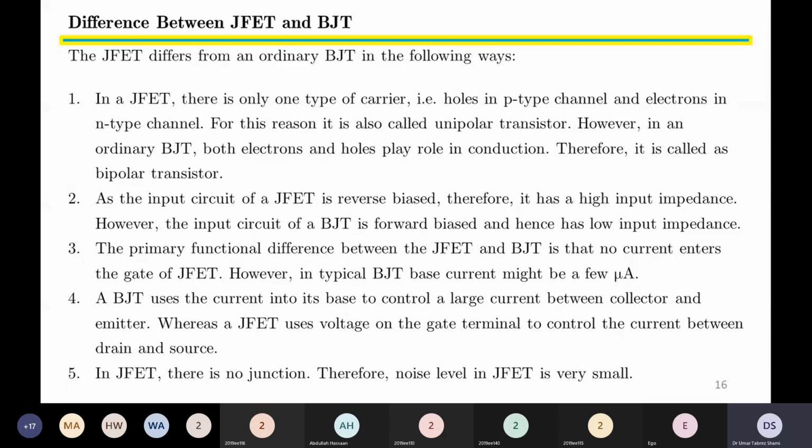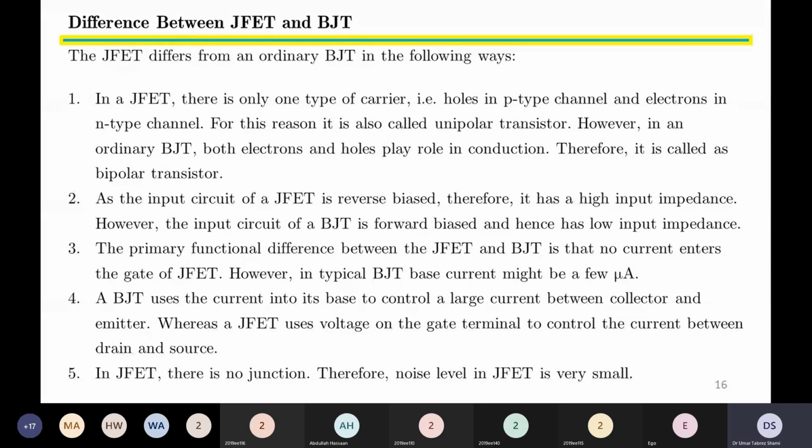In a JFET, there is only one type of carrier, that is either holes or electrons. If we have a p-type channel JFET, then holes will be the carriers, and if we are dealing with an n-type channel JFET, then we will have electrons as the carriers.